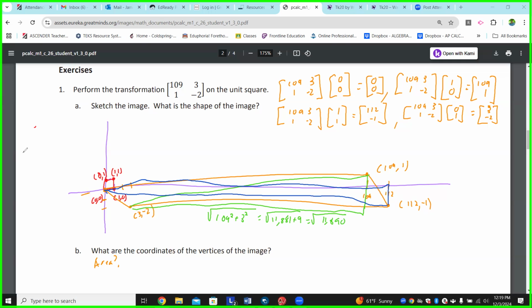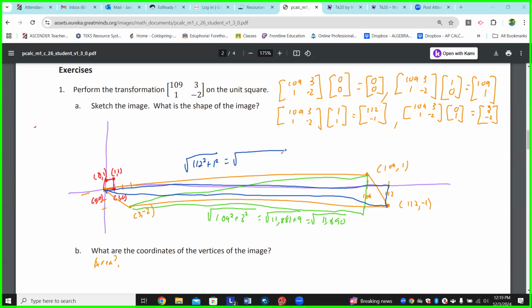Holy cow, that's bad. Let's try that again. So a straight line. There we go, so there's your triangle. To find that length, I got to find this height and that length. So this height would be just 1, and then this would be 112. So this would then be the square root of 112 squared plus 1 squared.